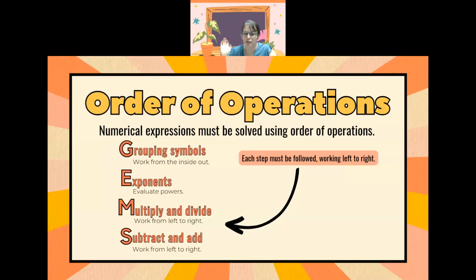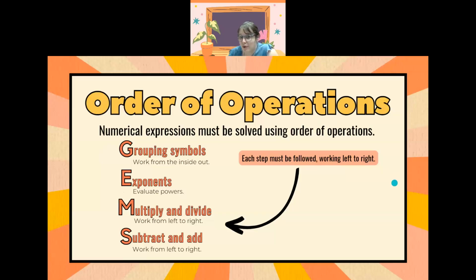Grouping symbols are like your parentheses and brackets, and then your exponents, the little ones up high. Multiply and divide are at the same time, and you always work from left to right, just like when you read left to right. Add and subtract are also at the same level, so you just do them from left to right.